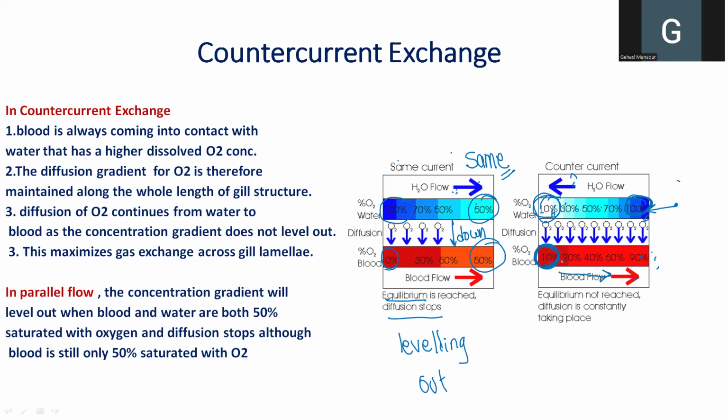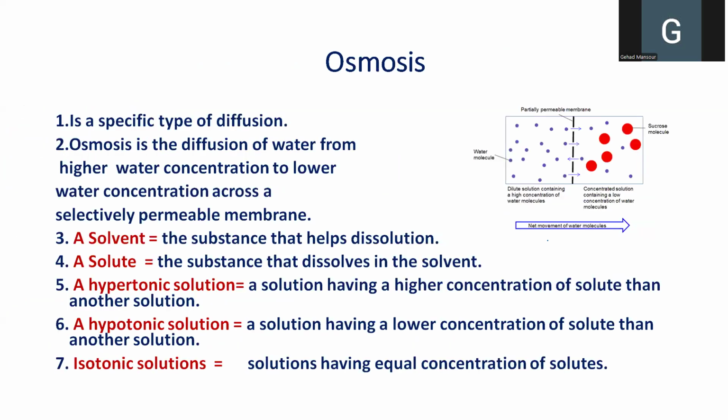And in such a case, 10 will be lower than 30. So oxygen will diffuse again to make this 10 20. 20 is lower than 50. So oxygen will diffuse again to make this 40 instead of 20. So this continuous closed loop allows the continuous exchange and the maximization of diffusion.